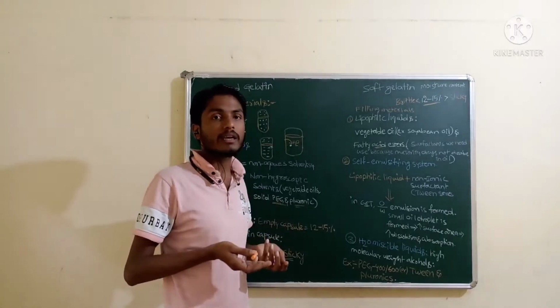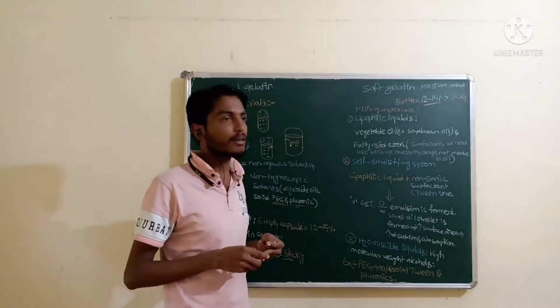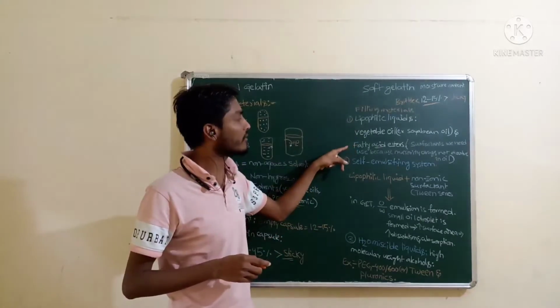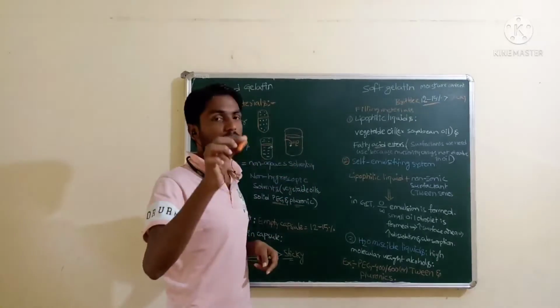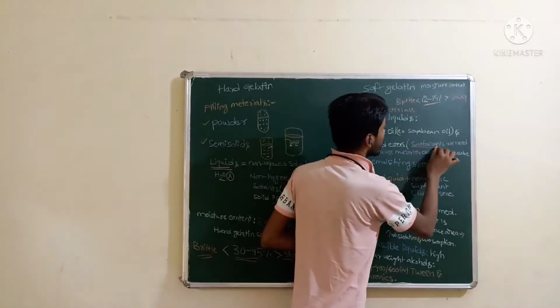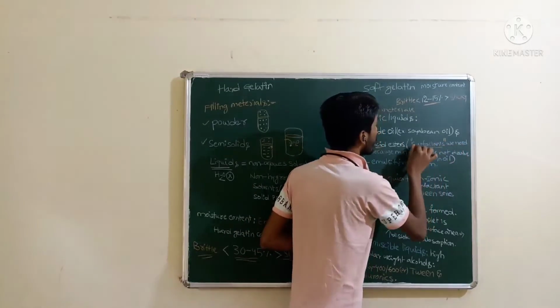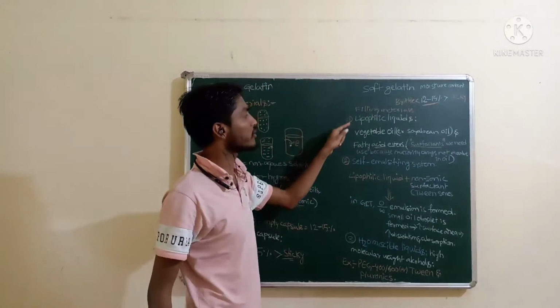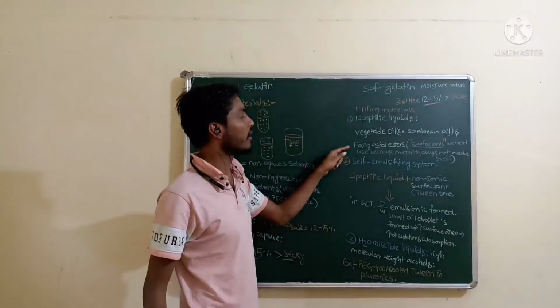Hence, in order to enhance the solubility of the drug in the vegetable oil and fatty acid esters, we should include one excipient, which you can call surfactants. We need to include surfactants while formulating the soft gelatin capsule with vegetable oil or fatty acid.